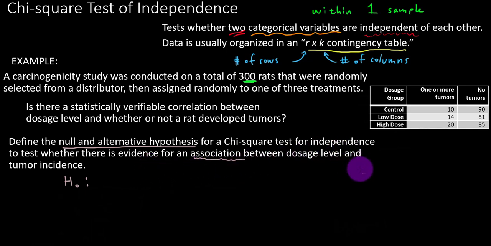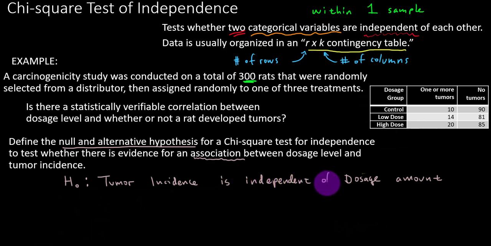Here we're not talking about means or standard deviations, but a relationship between these two categorical variables. So here I'm going to state that the two variables, tumor incidence and dosage amount, are independent of each other. So another way to think about that is there is no association between them.